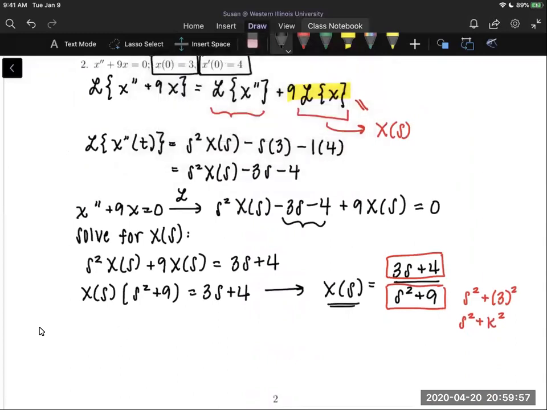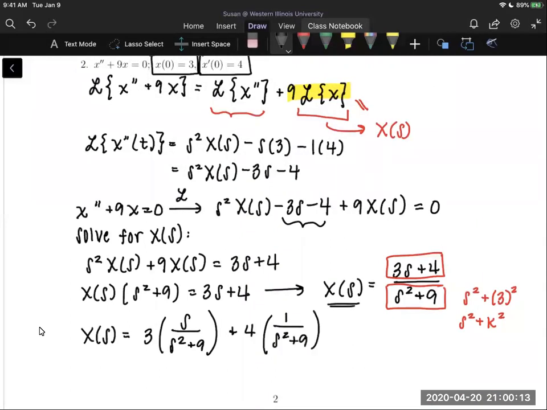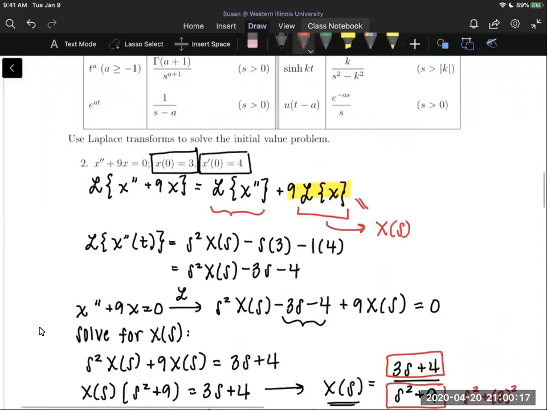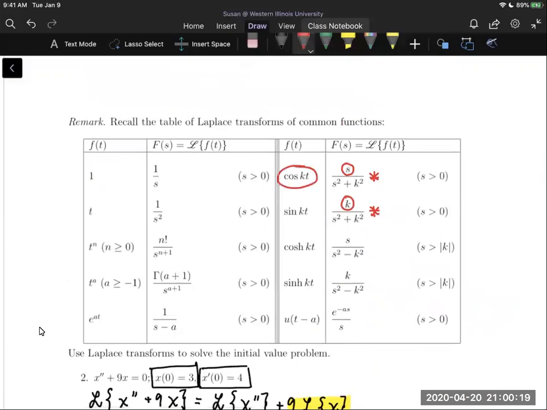So let's do X of s equals 3 times s over s squared plus 9 plus 4 times 1 over s squared plus 9. This first piece here, we're in good shape because that is precisely cosine of kt for k equals 3.